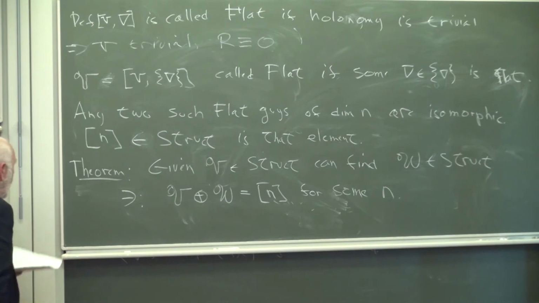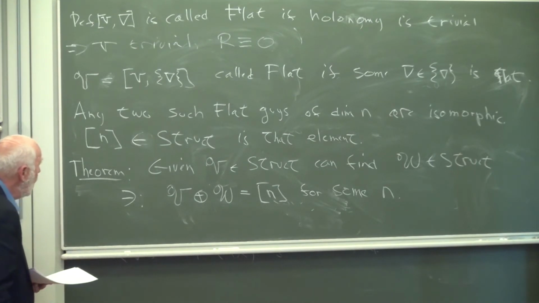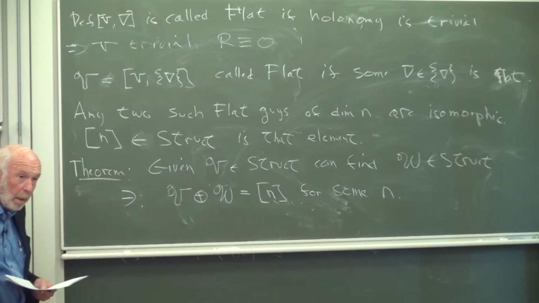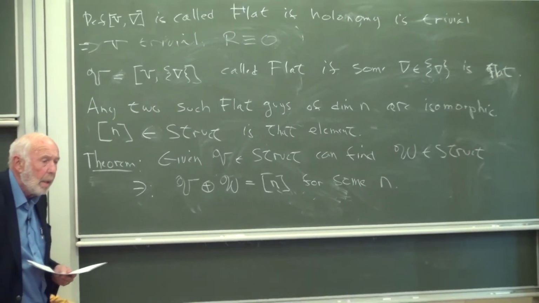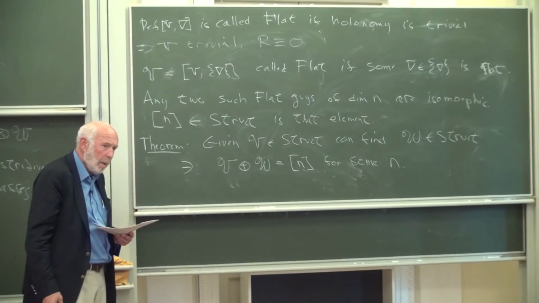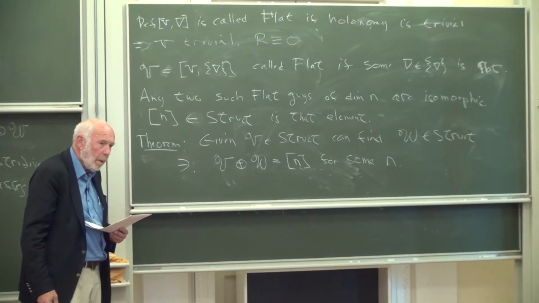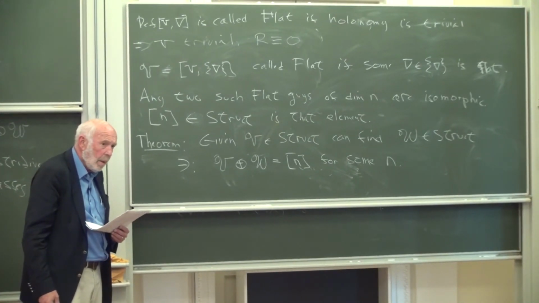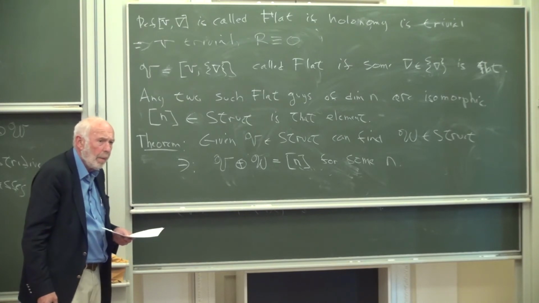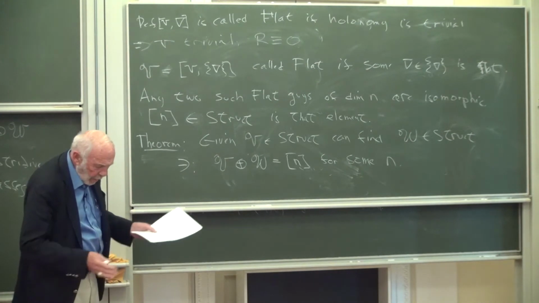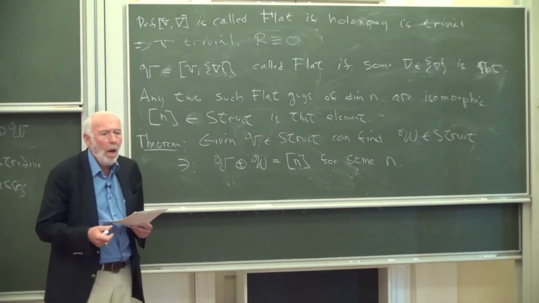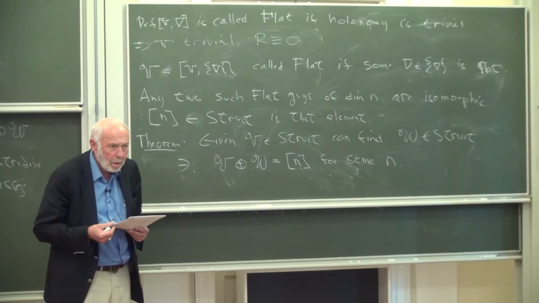Now, the proof of this. The question is about the notation. This n in brackets, I suppose, is an n-dimensional vector bundle, trivial with trivial connection. It's one of this isomorphism class of trivial n-dimensional bundles.